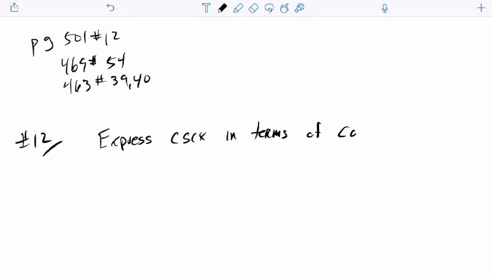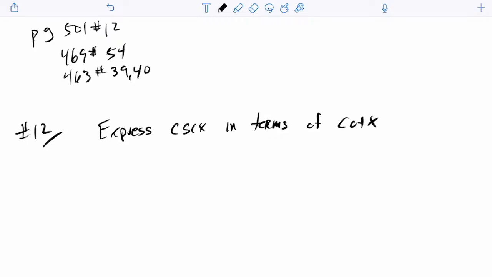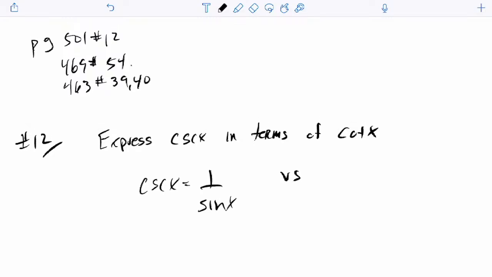So Jack, for this one here, they want you to express cosecant of x in terms of cotangent x. The cosecant of x is 1 over the sine of x. Okay, we got 54, 51, and 52. I'll add that, Alexa. So cosecant of x, 1 over sine of x.